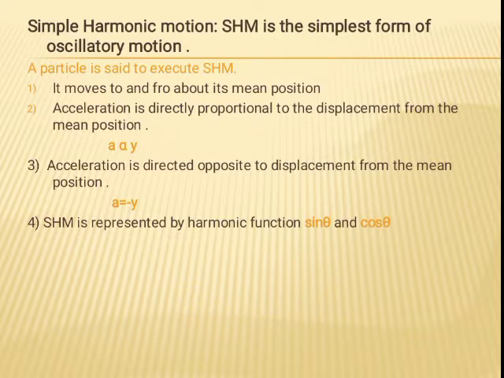And acceleration is directly proportional to the displacement. So more the displacement, more the acceleration, so more the movement is happening. And the third one is acceleration is directed opposite to displacement, yes or no? So if I consider the displacement in this way, acceleration will be in this way.